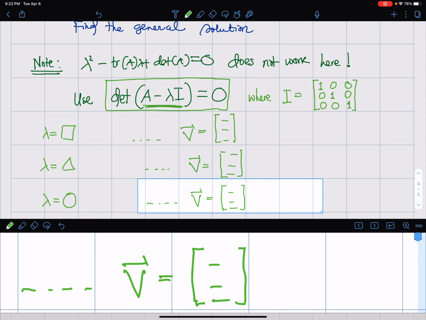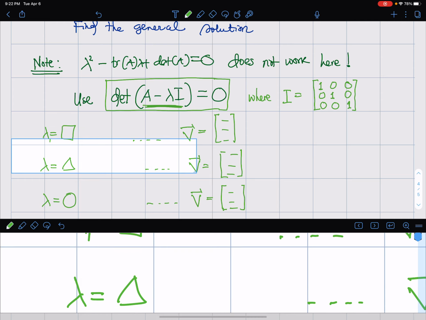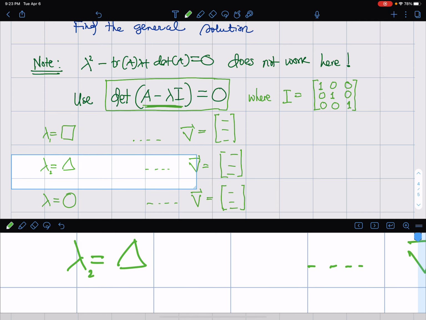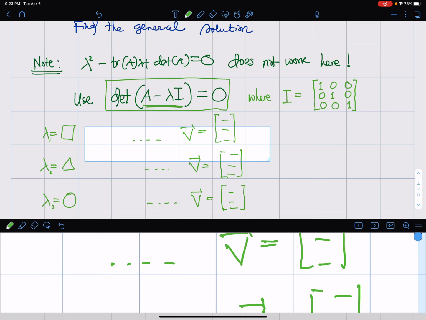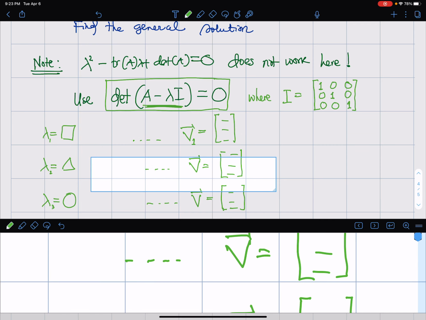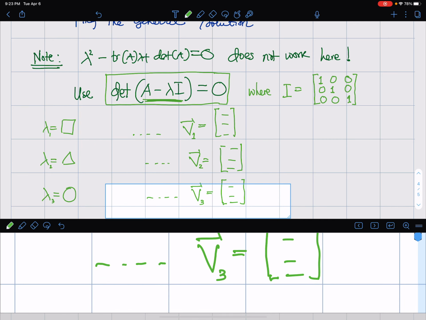Maybe we'll call these lambda 1, lambda 2, lambda 3, and vector 1, vector 2, vector 3.